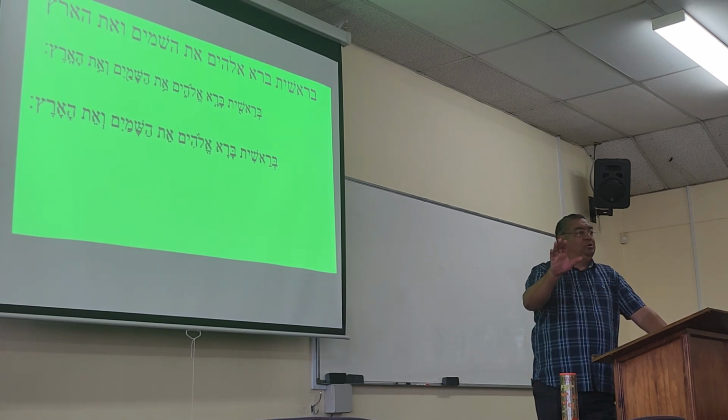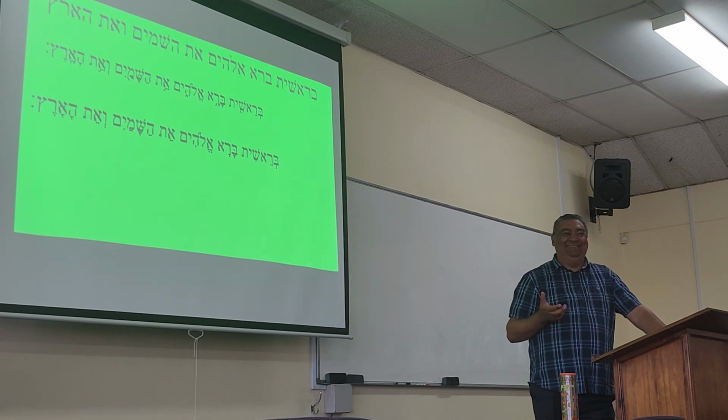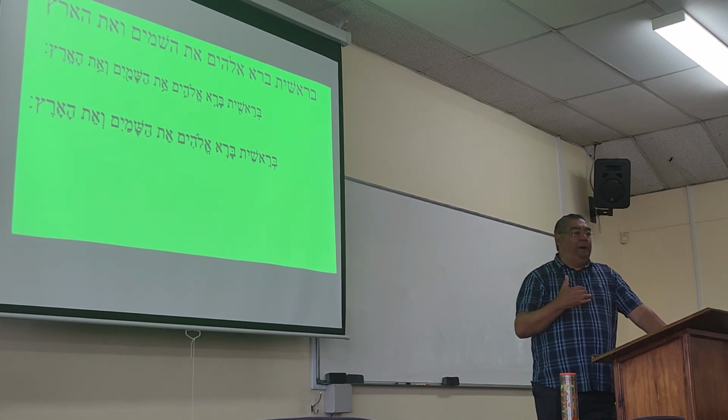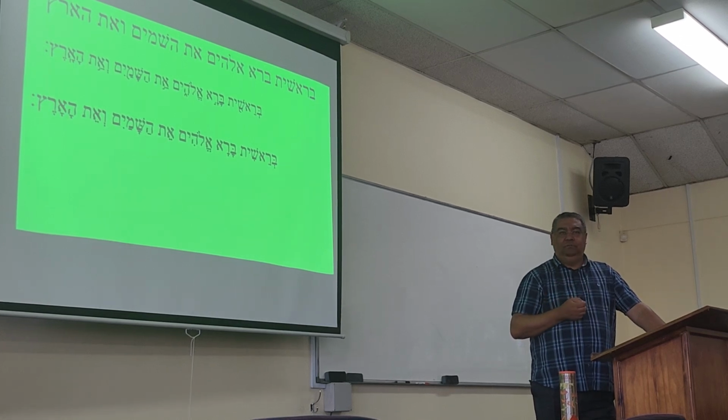So we're not going to focus on all of the Masoretic accents because we don't chant, we read. However, we do need to pay attention to the accents that communicate punctuation.